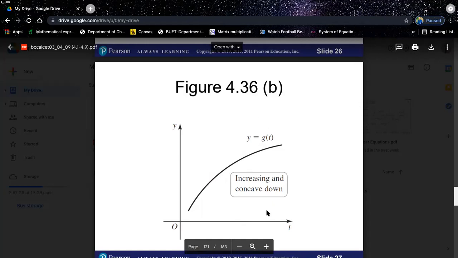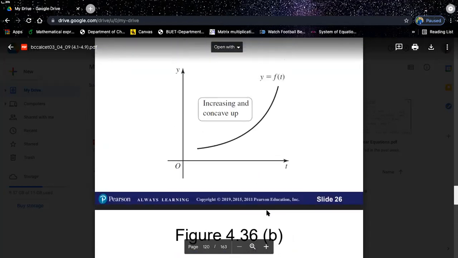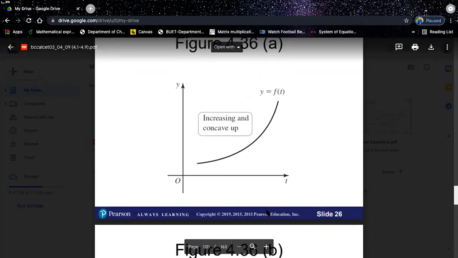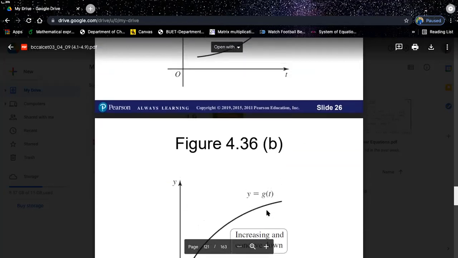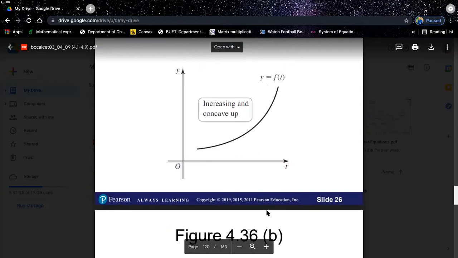So can you convince me that, yeah, it is actually concave down? If all of you can convince me that this is concave down and this is concave up, even though both the functions are increasing, then you are all set to use this information in 4.4.